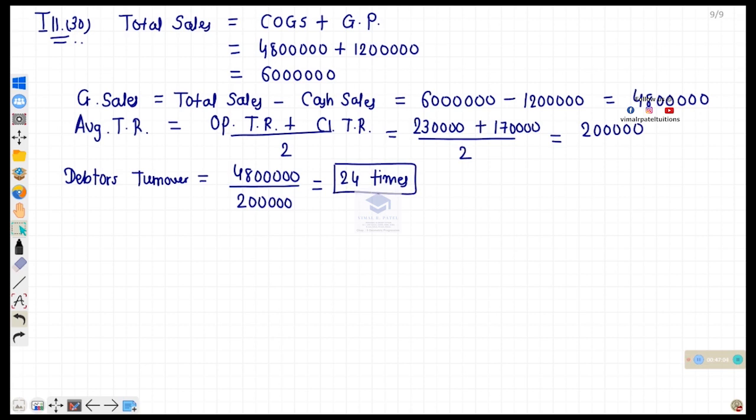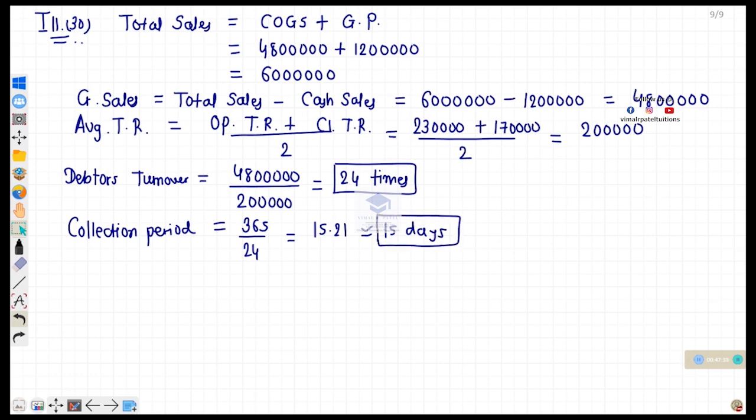Twenty-four times. Then collection period in days. So 365 divided by debtors turnover rate, that is 365 divided by 24. So 15.21, sorry. So approximately 15 days. Okay.